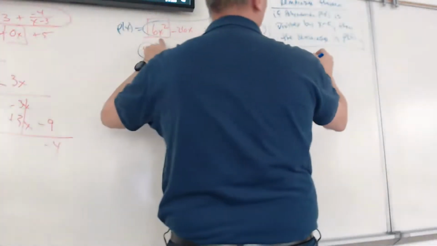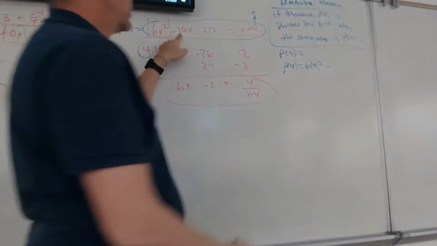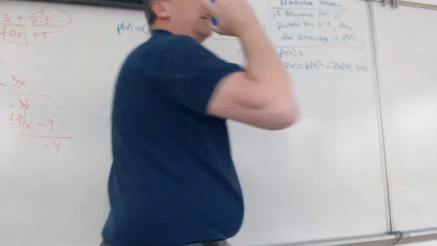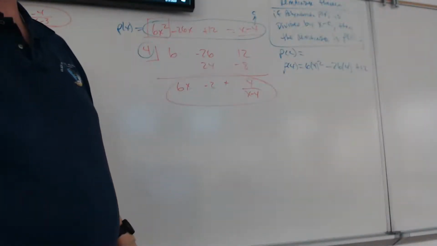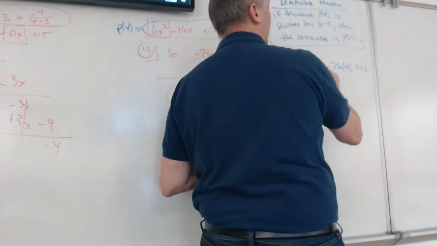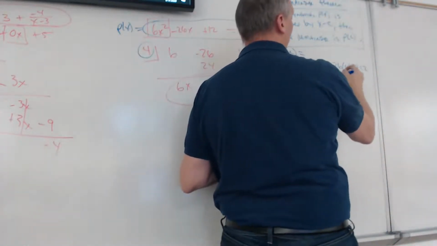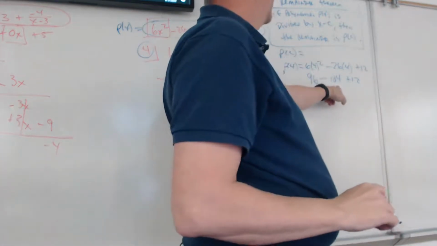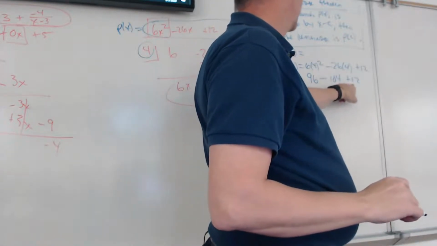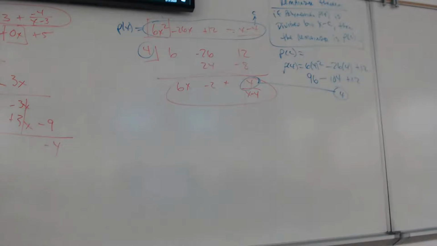So is it 6 times 4 squared minus 26 times 4 plus 12, right? 4 squared is 16, 16 times 6 is 96. 26 times 4 is 104. 96 minus 104 is negative 8, plus 12 equals 4, just like I said. Okay? Pretty cool, huh?